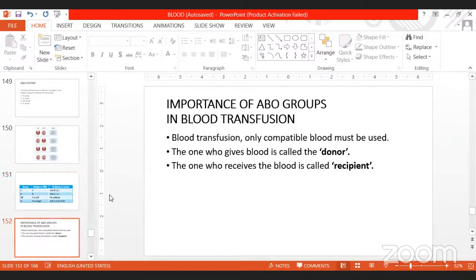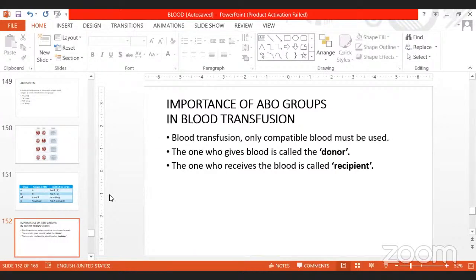So the blood groups, we should know the blood group before blood transfusion, because only compatible blood, means same blood group only can be transferred. And the one who gives blood is known as a donor, and who receives blood is known as a recipient.